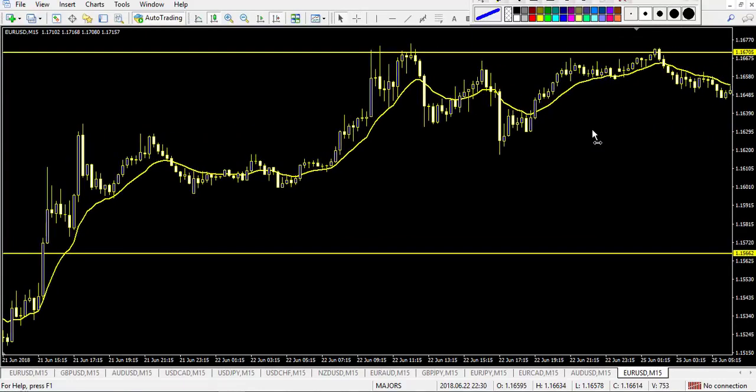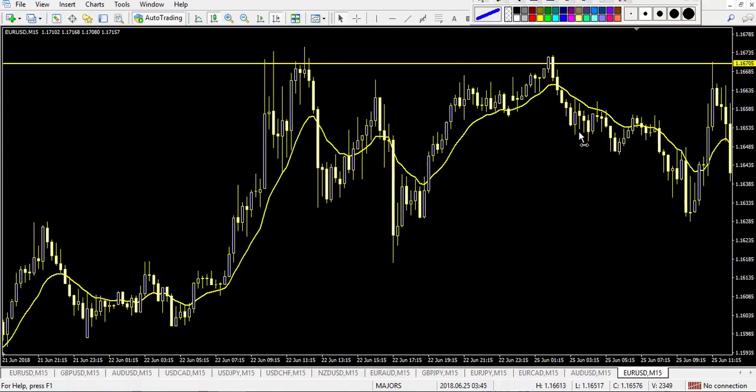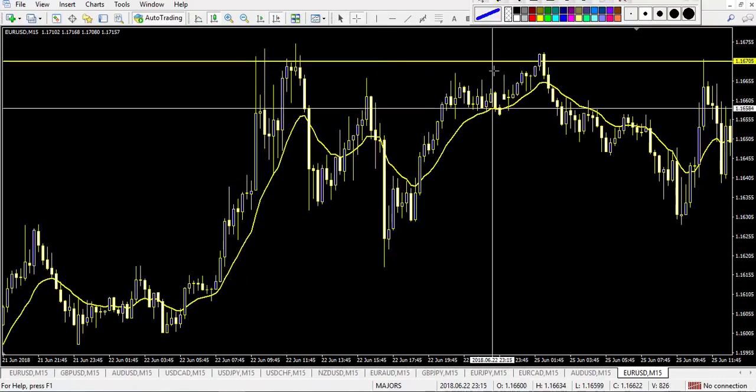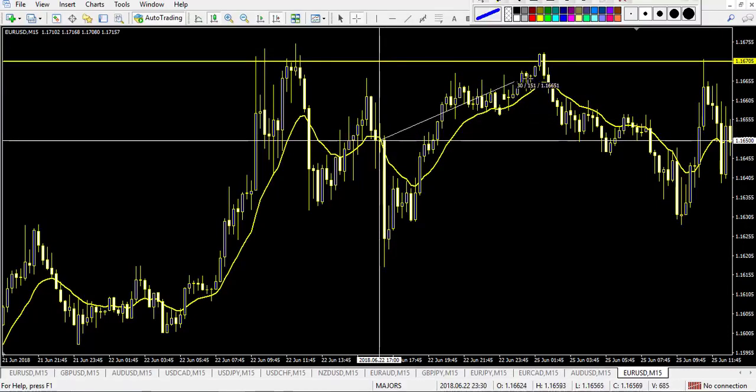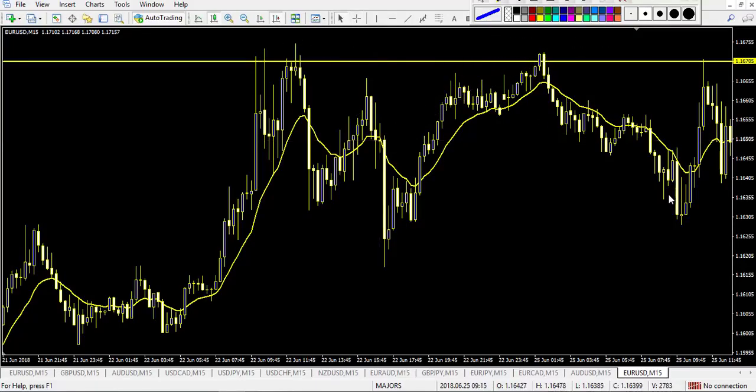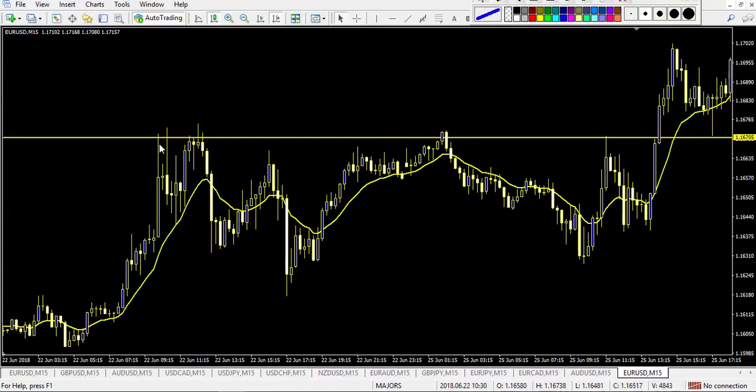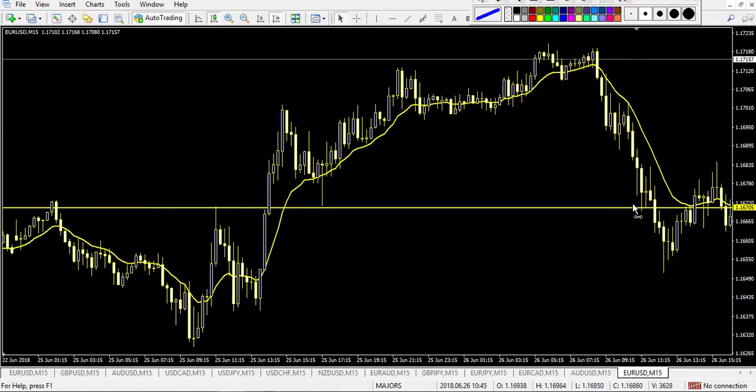It comes back to it, comes back too much, so we might have gotten out of the trade with a little loss here, or break even eventually. It didn't hit the stop, but it came back so many times. When it comes back 2 times, 3 times, 4 times, it's dangerous for you to stay in the trade. So I advise you to get out. Let's look at another one.